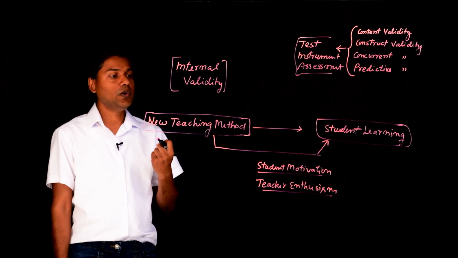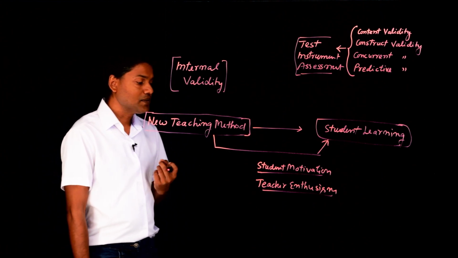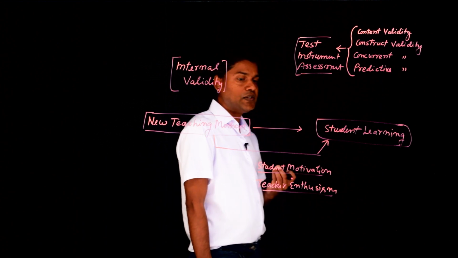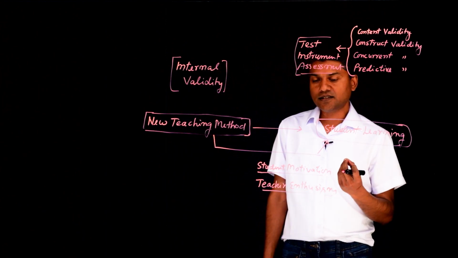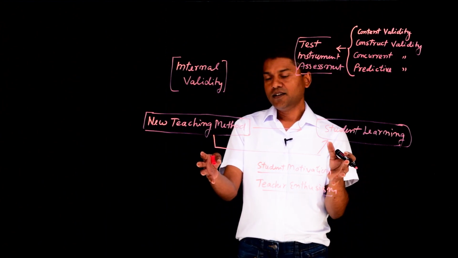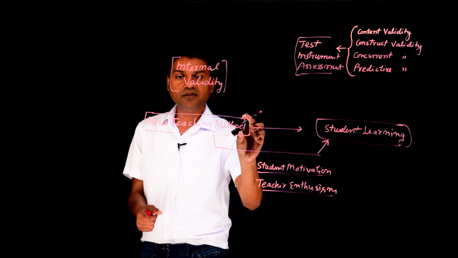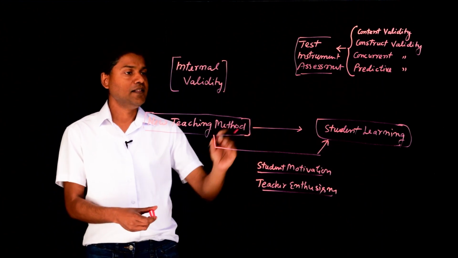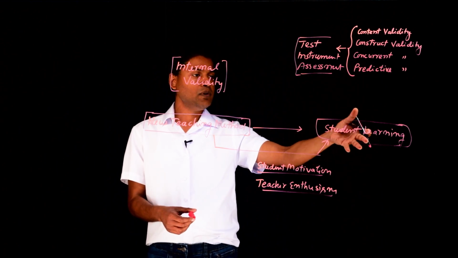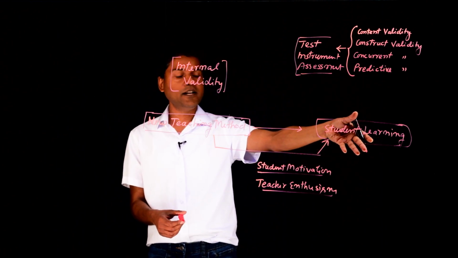So as a researcher, this needs to be clarified. In this experiment, let's say a teacher is teaching using this new teaching method, and then after some time, we measure student learning and we see an improvement.